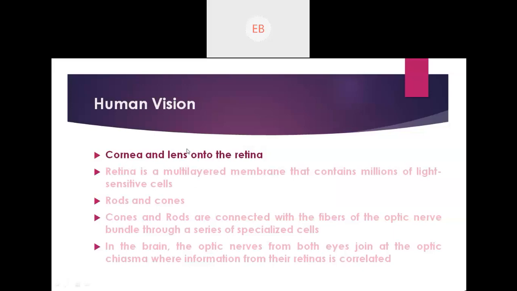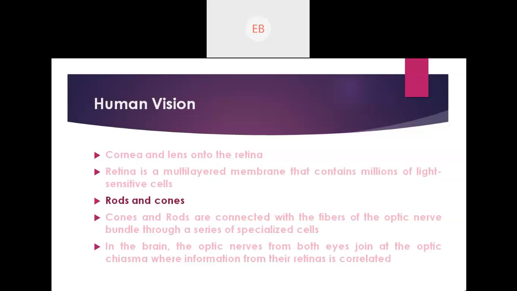So when an object is observed by your eye, it will first focus through the cornea and the lens onto the retina. And what is this retina? We already know it is a multi-layered membrane which consists of millions of light sensitive cells, and it consists of the rods and cones, right?